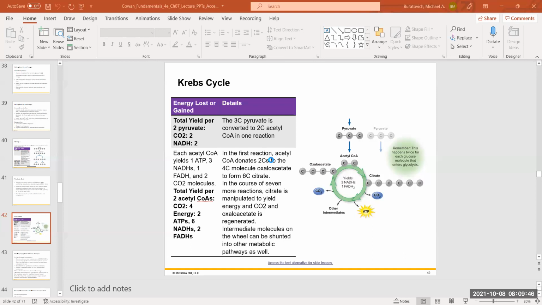But what happens essentially to these electrons is the following. Electron transport chains are always embedded in membranes. Always. What's the main membrane in a bacterial cell?